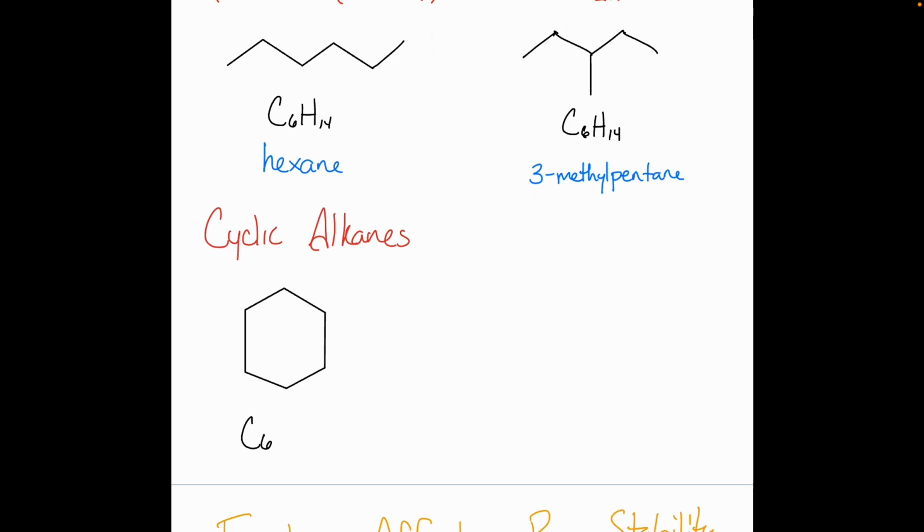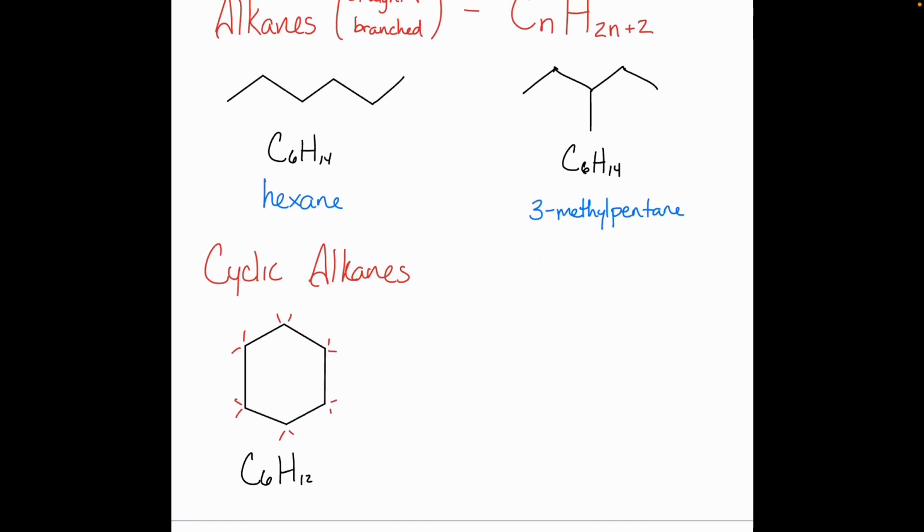I got 6 carbons. How many hydrogens? Right, so each one of these, 2, 4, 6, 8, 10, 12. It's absolutely C6H12. And so cyclohexane and hexane are not constitutional isomers. They do not have the same molecular formula.